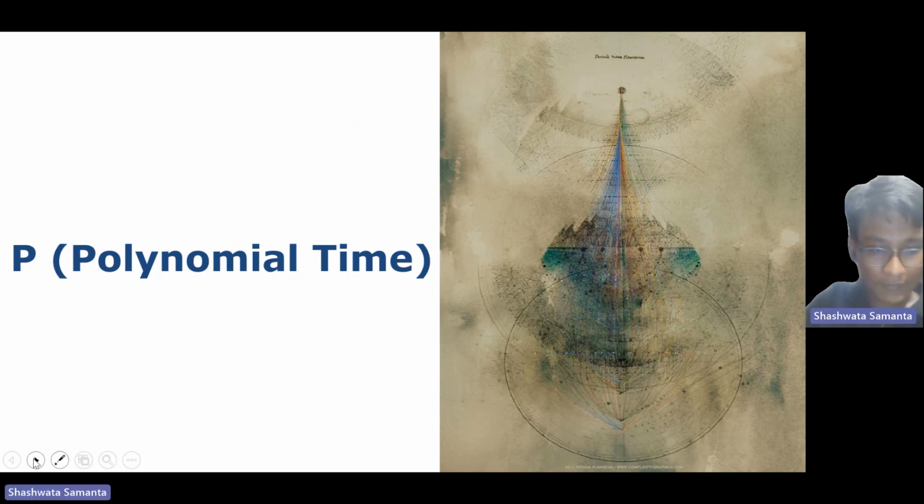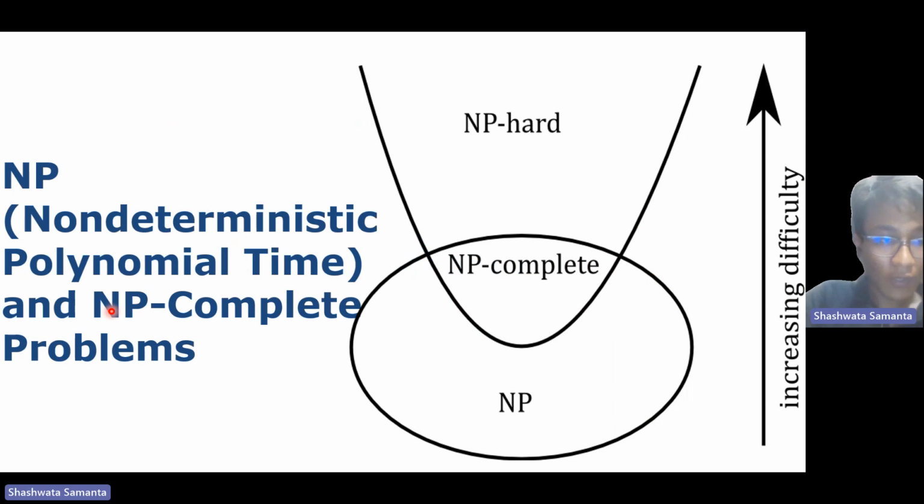Next in this list is NP, or non-deterministic polynomial time, and NP complete problems. The complexity class NP encompasses the problems for which a potential solution can be verified in polynomial time.